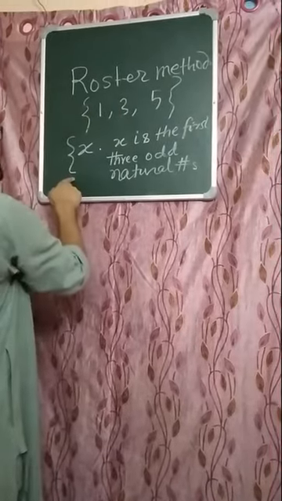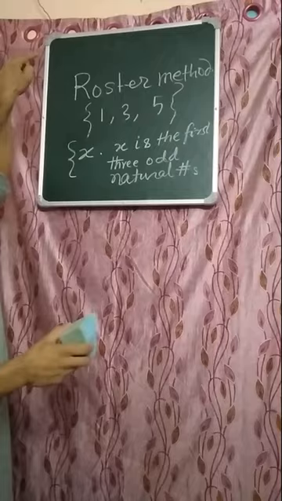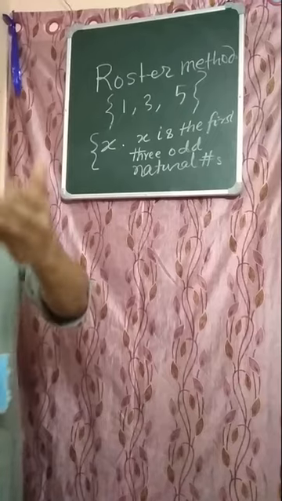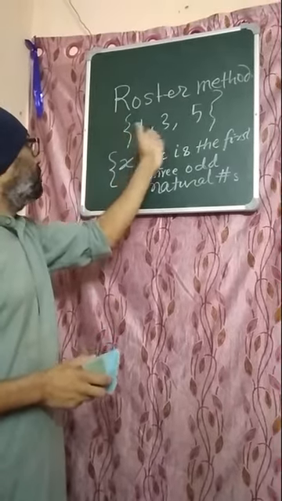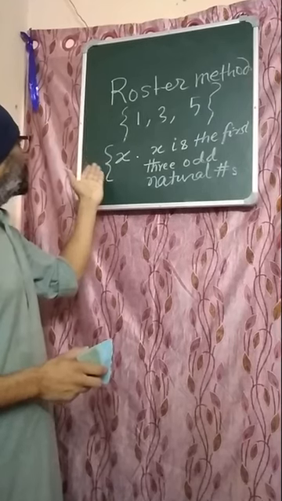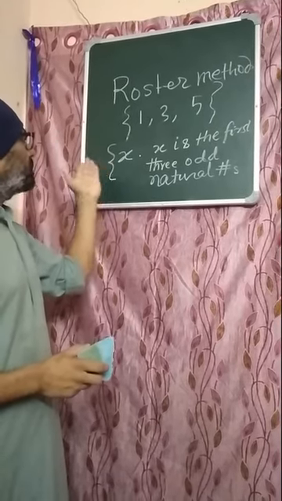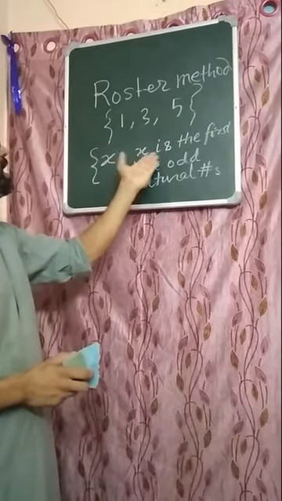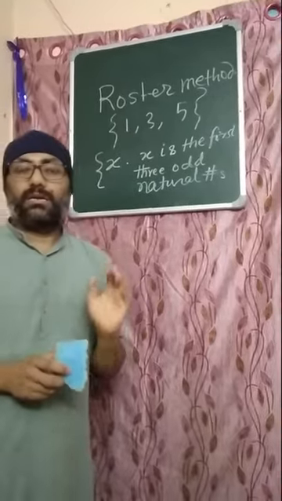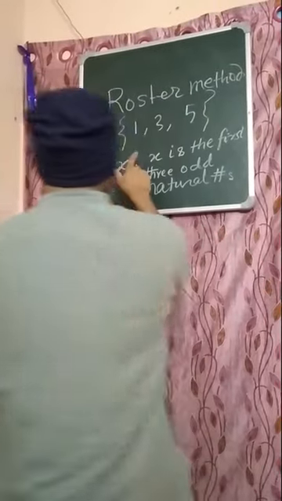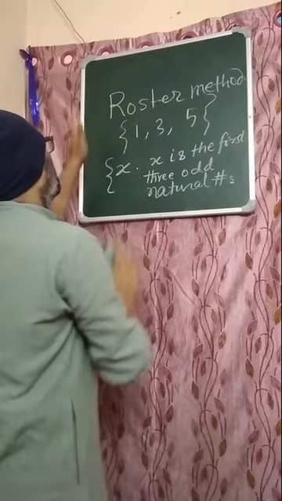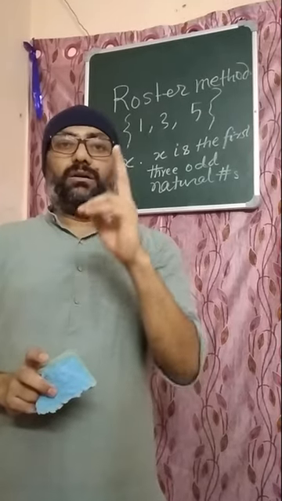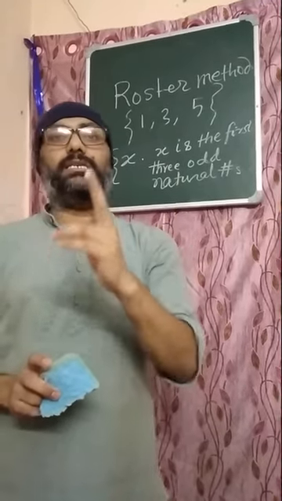So these are two methods of expressing the single set, which is the set of 1, 3 and 5. You can represent the set by writing 1, 3, 5, or you can say the set is X such that X is the first three odd natural numbers. So this method is called set builder method. So there are two methods for expressing a set. The first is roster method and the second is set builder method.